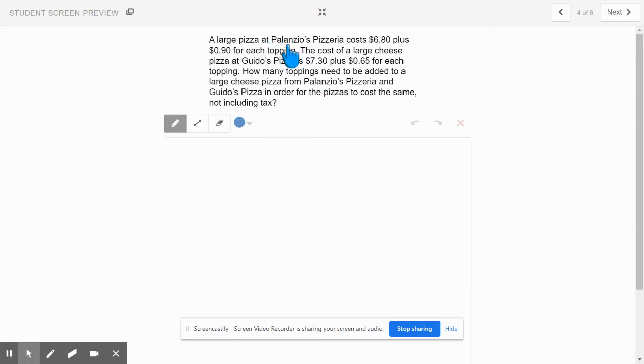All right, let's deal with this one first. Palanzio's, it's $6.80 plus 0.9 for each topping. This is one of these problems, and you're going to have to start recognizing which ones are slope-intercept. It automatically costs what, $6.80? And if you're wondering what the y represents, this is the total amount.